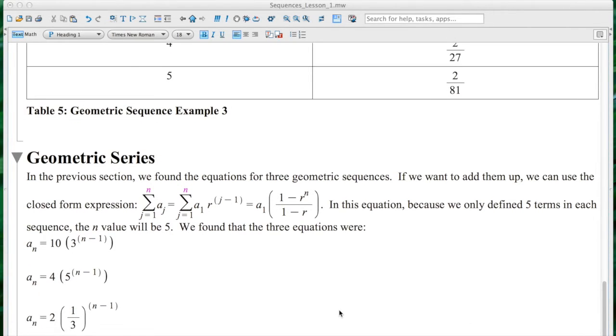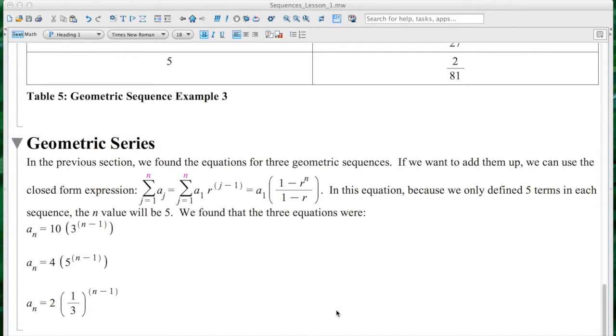Okay, so this is what the three equations are that you should have gotten for the closed form. Now what I'm asking you to do is to take this data from each of these and compute the sum over 5 terms. And in fact, you should be able to compute the sum over any terms.